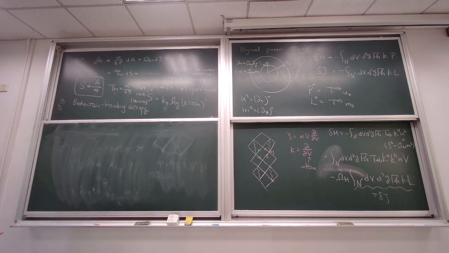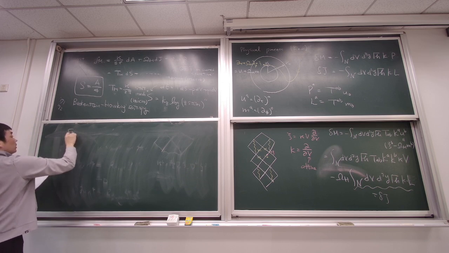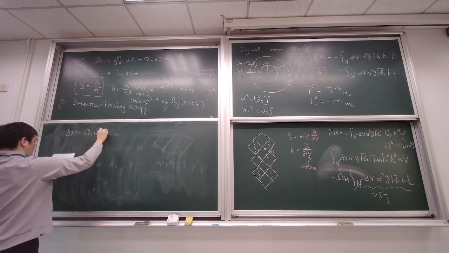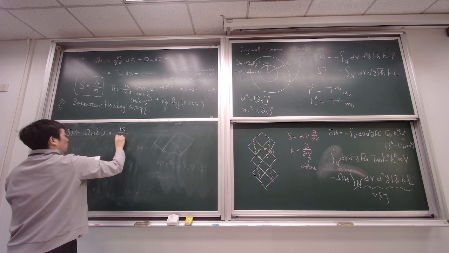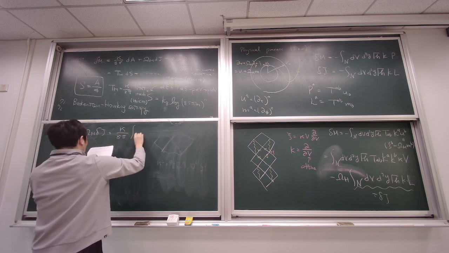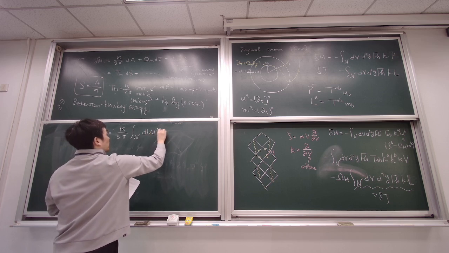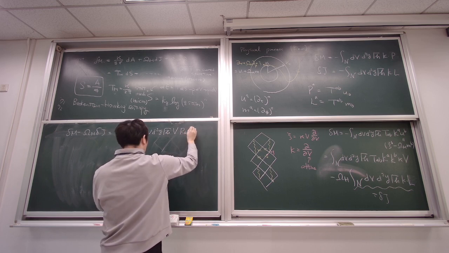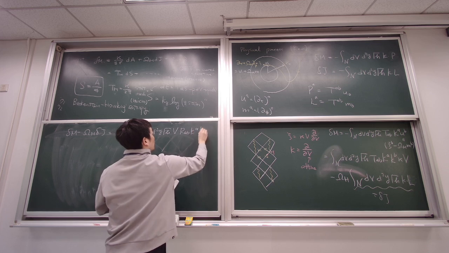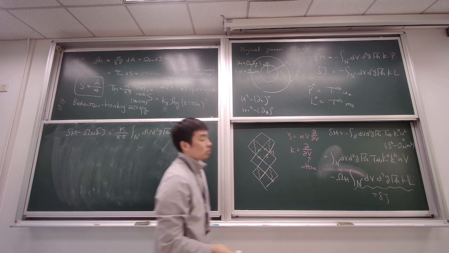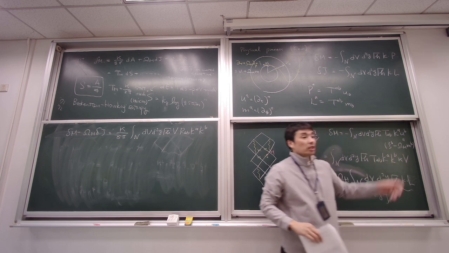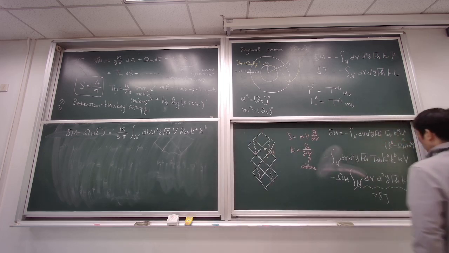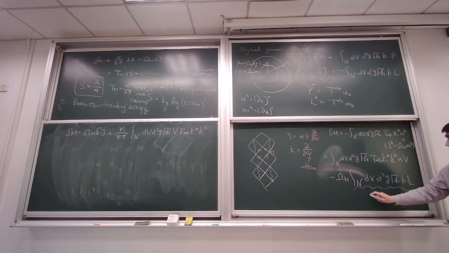So therefore, delta m minus omega h delta j is equal to kappa over 8 pi, and dv d square y square root of h and then R AB K A K B. I just used the Einstein equation to change the stress energy tensor to the Ricci tensor, and this is equal to, actually, minus, anyway.